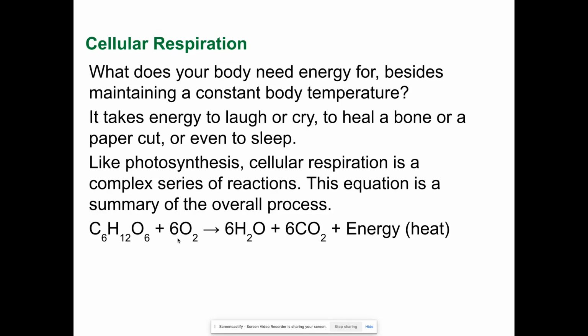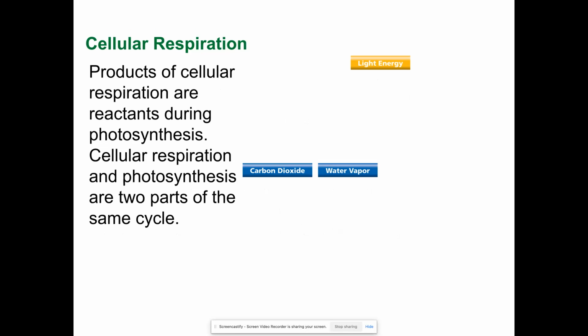You breathe in the oxygen. That oxygen and sugar recombines itself into water and carbon dioxide and then breaks down into energy. This is what our body does. Now, these are very simplified versions. There's enzymes and vitamins and a whole bunch of stuff that's going on, but this is the basis of it.